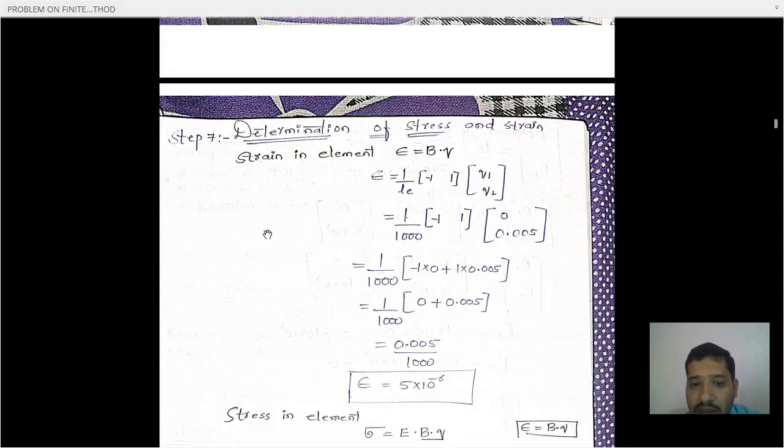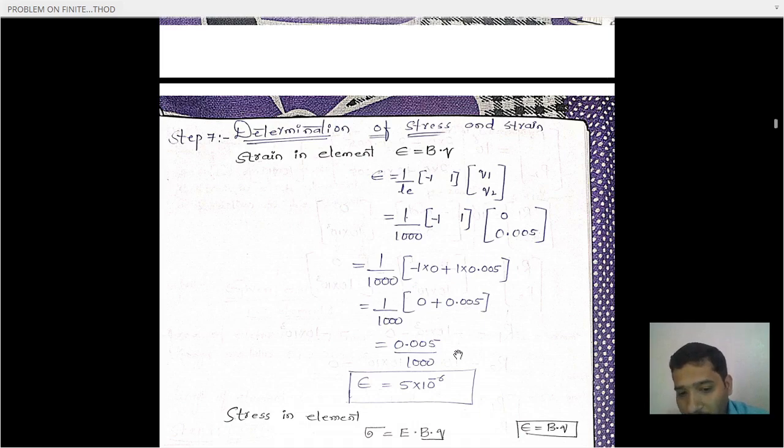Q2 we got 0.005 mm. After getting this, 1 by 1000 as it is, you just need to multiply row into column. Minus 1 into 0 plus 1 into 0.005. Minus 1 into 0 is 0. 1 into 0.005 is 0.005 only.